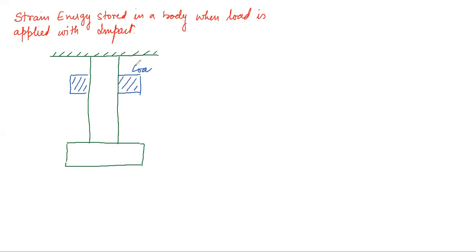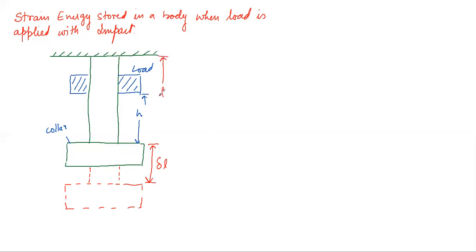You can say this is a load, which is at a distance of h, and this is a collar. So when this load hits on this collar, there is definitely some extension, right? And if we have an extension, we can say this is your extension length, that is delta.